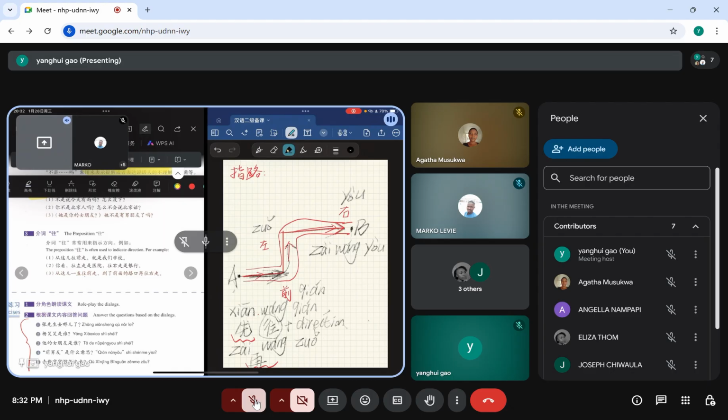And then which direction? 左, so when you go this way we say 往左, so 再往左 is then turn left. And then turn right, so that's 再往右. You go this way, that's 往右.